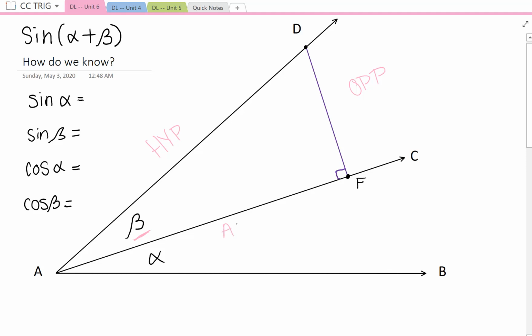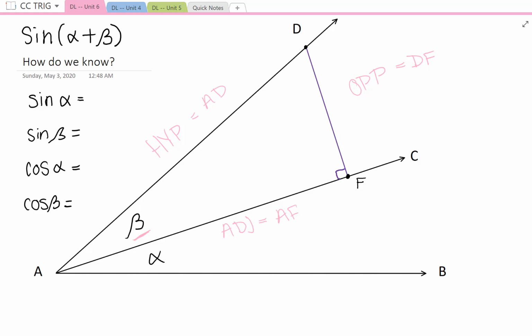This is my hypotenuse, and this is the adjacent side. You can also label the opposite side with letters, DF. The hypotenuse would be AD, and the adjacent side is AF.